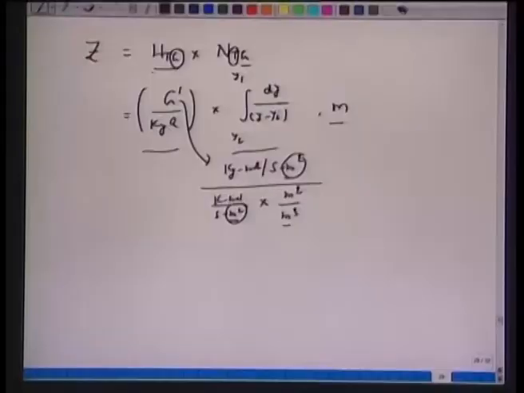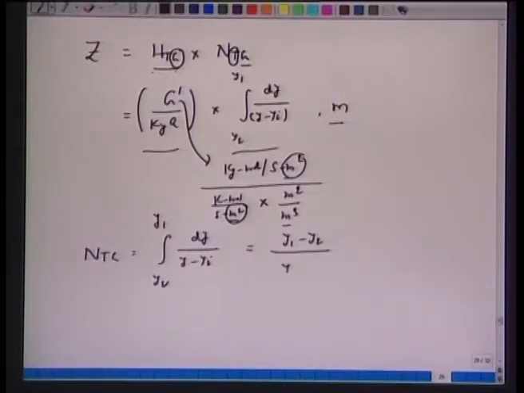Look at the expression for the number of transfer units. This N_tG is the integral from y2 to y1 of dy over (y minus y_i). If we make this integration, we can also write it as (y1 minus y2) over (y minus y_i) average.